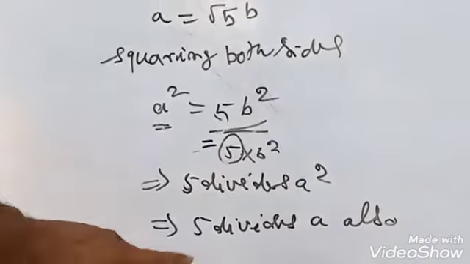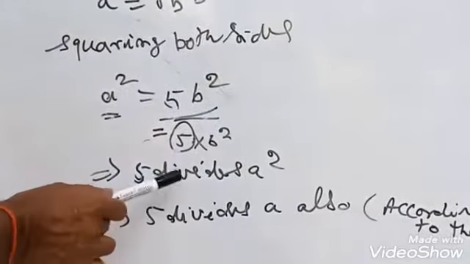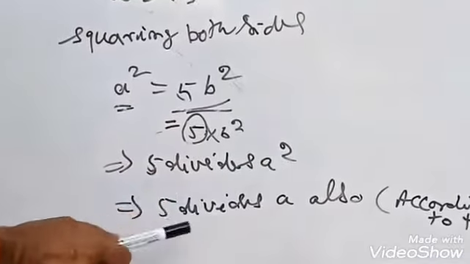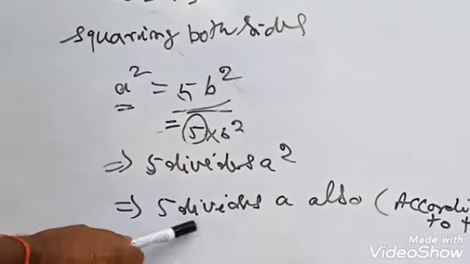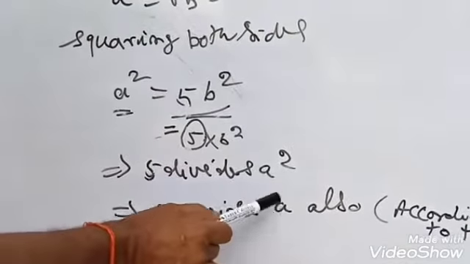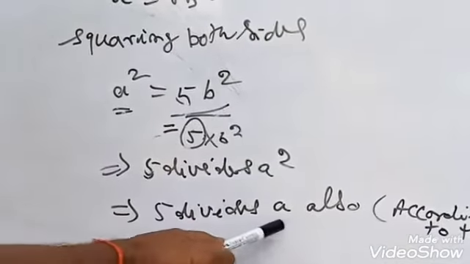According to the theorem, if 5 divides a square, then 5 will also divide a.